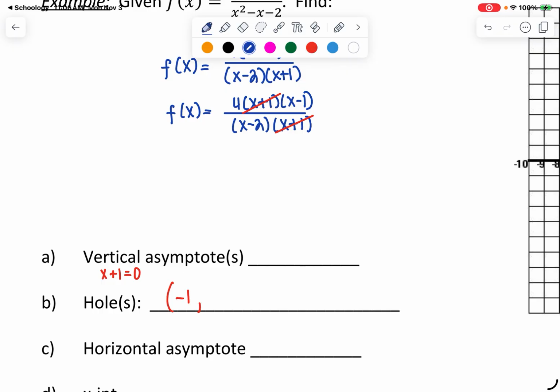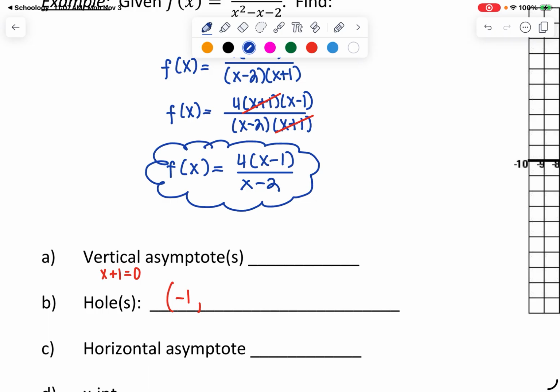And now you have to write your new function simplified. f of x equals 4 times x minus 1 over x minus 2. You're using this for everything to answer every question.